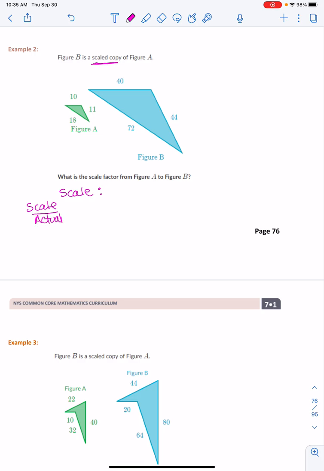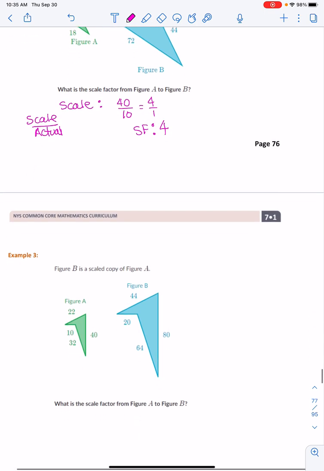So B goes over A. So we have 40 over 10. So now we don't need anything but to simplify it would be 4 over 1. So our scale factor is 4.